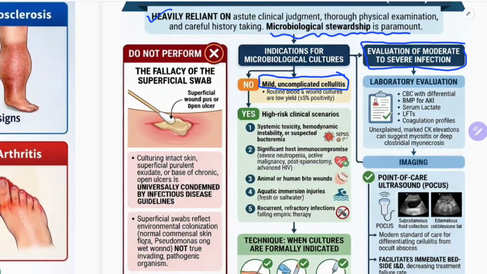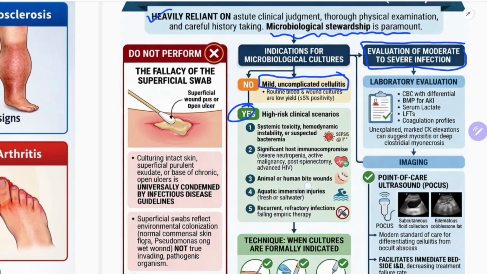Okay, so in mild uncomplicated cellulitis, you don't require any investigation except in some high-risk scenarios. Nothing but moderate to severe infection or special scenarios like zoonosis or exposure to salt water, like that. Okay, that's clear.